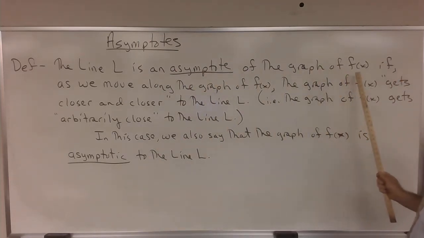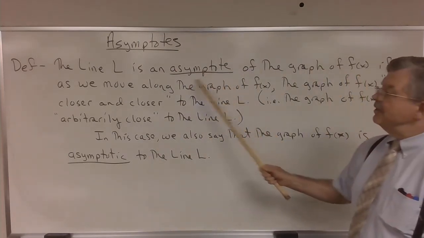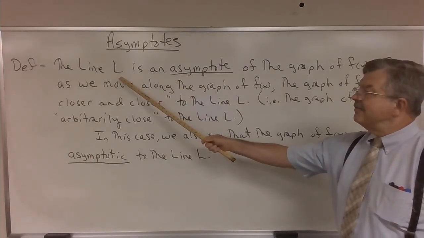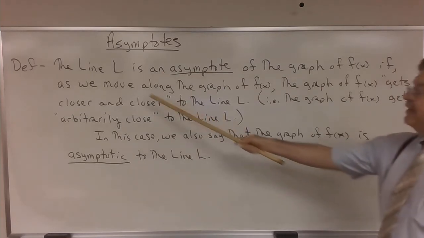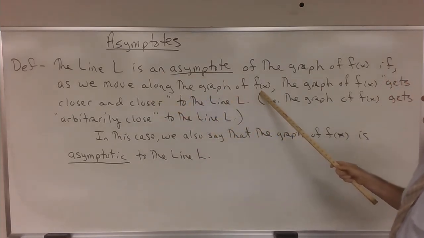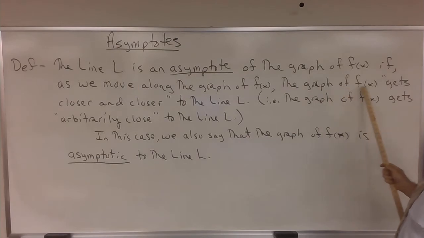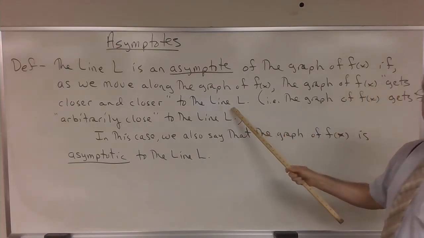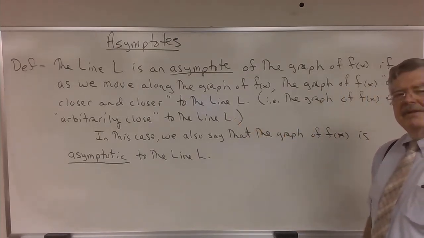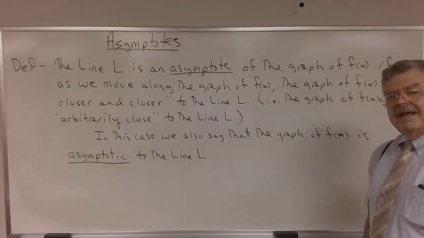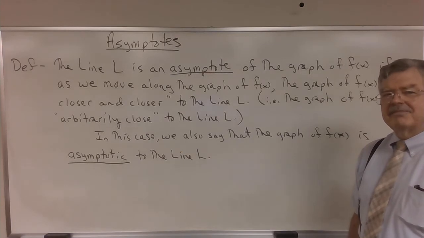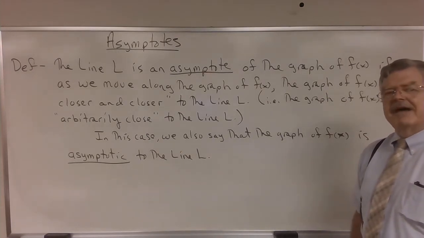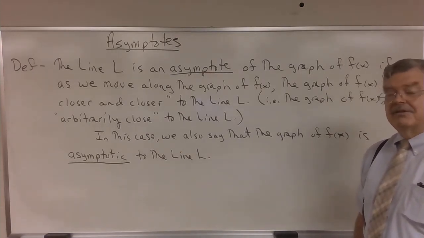So the graph of f of x has an asymptote L if this line L is such that as we move along the graph of f of x, the graph of f of x gets closer and closer to the line L, becoming arbitrarily close to it.